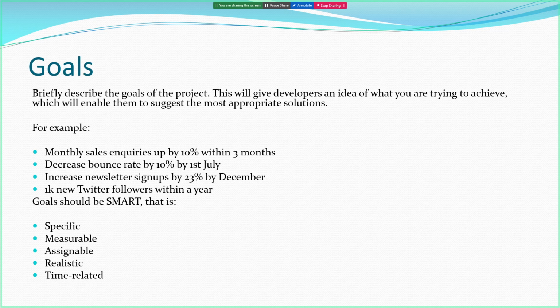So in the example there, monthly sales requires a 10% increase within 3 months. So that's quite a specific goal. It's measurable because you can measure that 10% growth. It's time related, so you know you've got to achieve it within a time frame. Can it be assigned?